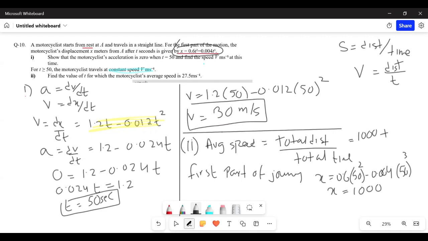We know v was 30 at the end of the last part of the journey, so it will be 30 because now it stays constant. So this is 30 into t equals distance. So for the second part of the journey the distance is 30t.